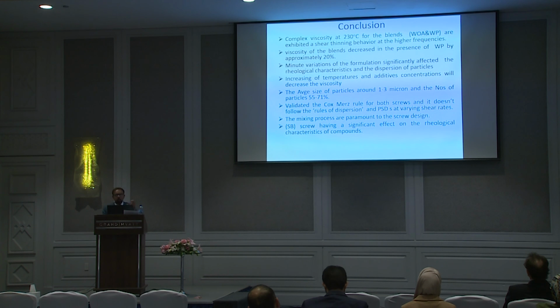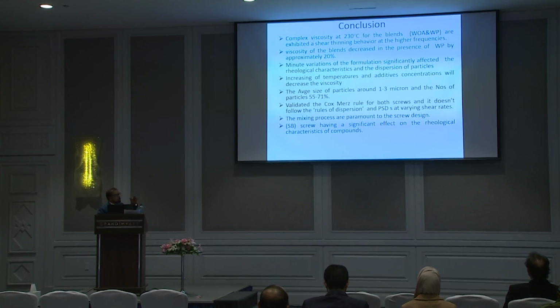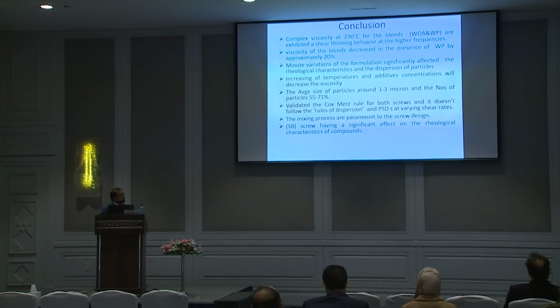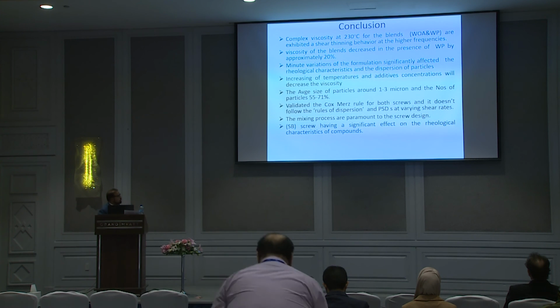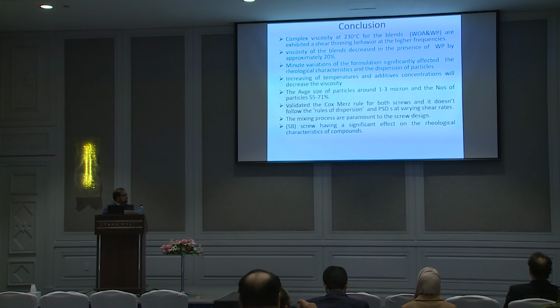We noticed that any minute variation in the content of any running material, especially polycarbonate 1 or polycarbonate 2, could also vary the viscosity. We also noticed that increasing temperature improves the color. The average particle size is around 1 to 3 micron, and the number of particles around 55 to 70%. And we also noticed the validity of the Cox-Merz rule for particle size distribution and for the rheology.